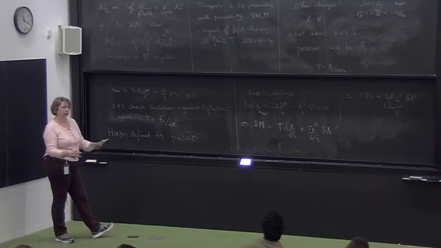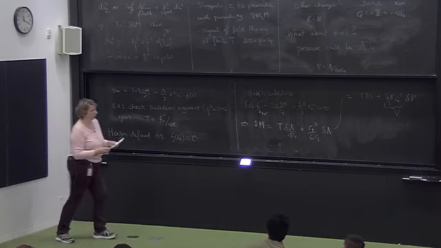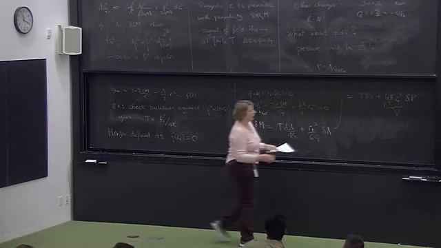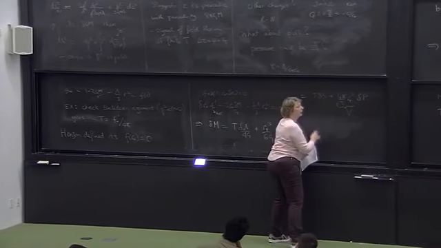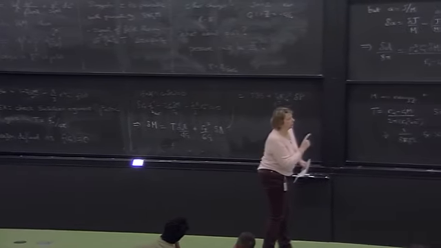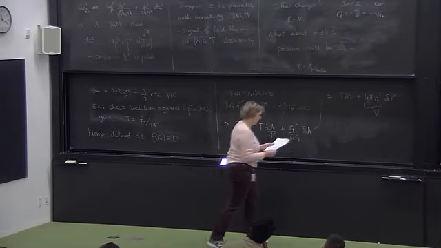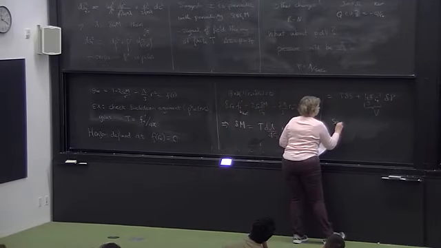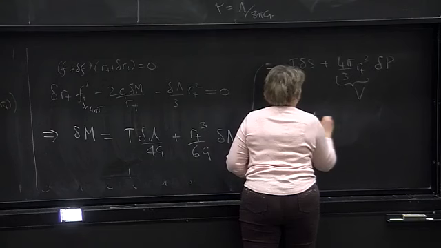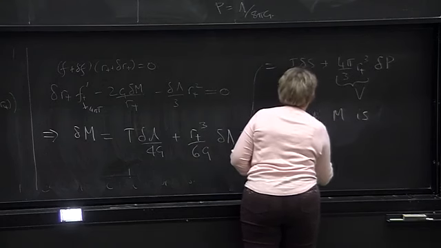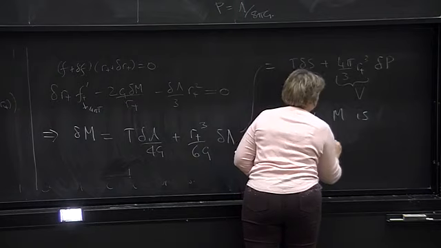I'm not saying it's the actual volume, it's a geometric volume. So this looks like TdS plus VdP. So it's not TdS minus PdV, but plus VdP. So this suggests that M is the enthalpy.